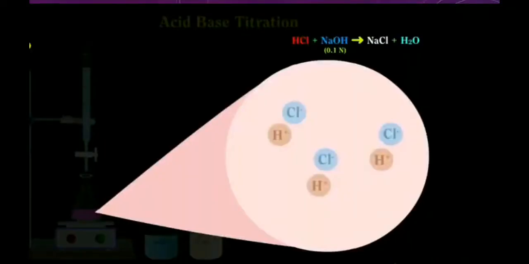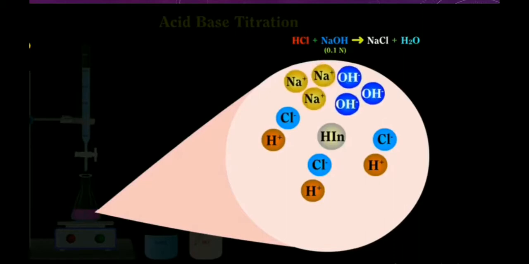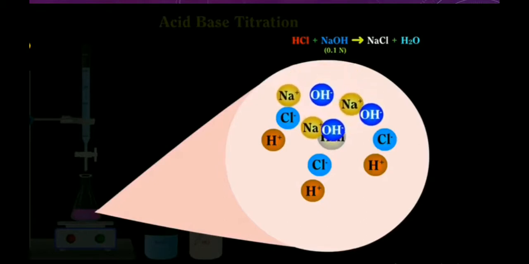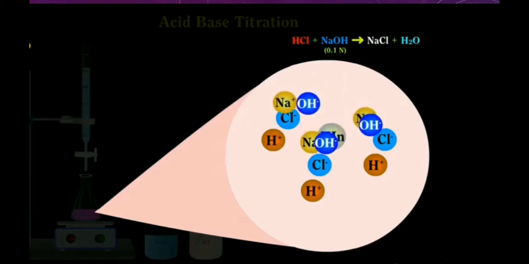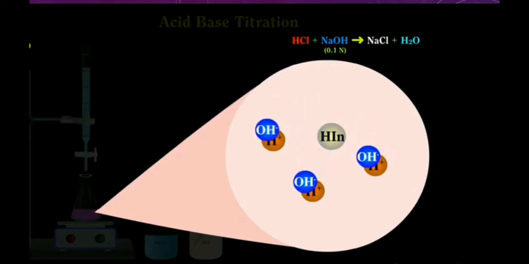Let us understand the mechanism behind this titration. First, HCl is present in the form of H+ and Cl- ions. Phenolphthalein does not react with H+ or Cl- ions due to its weak acidic nature. With the addition of NaOH from the burette, which is alkaline in nature and present as Na+ and OH- ions, Na+ ions react with Cl- ions and OH- ions react with H+ ions.